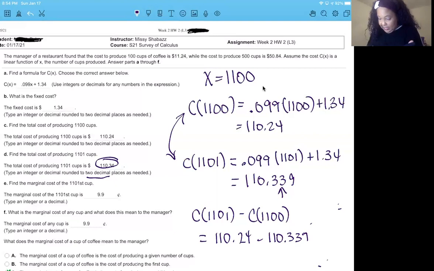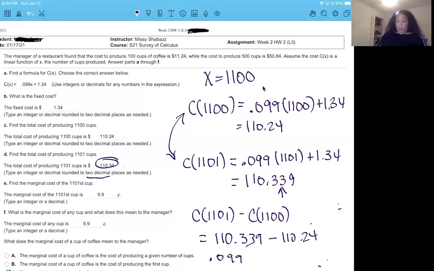And I get, man, I did it wrong again. Sorry, 110.339 minus 110.24. All right, so this is giving me 0.099. Now this is in dollars, so I need to move my decimal place. So it's 9.9 cents.